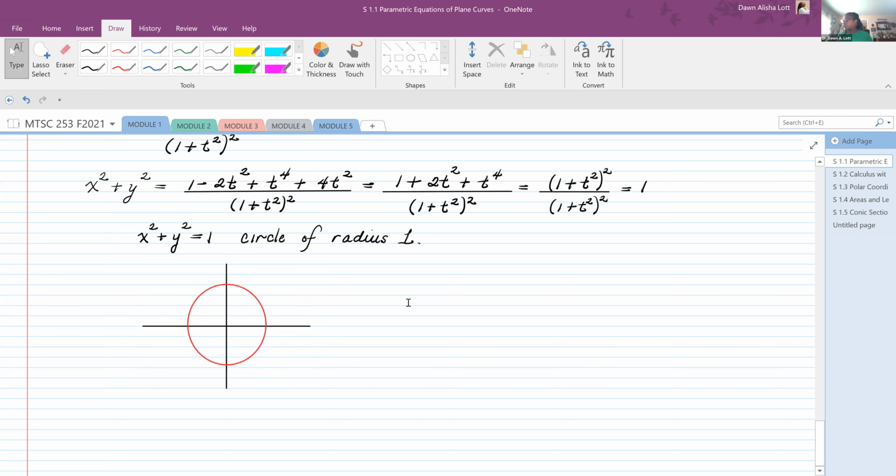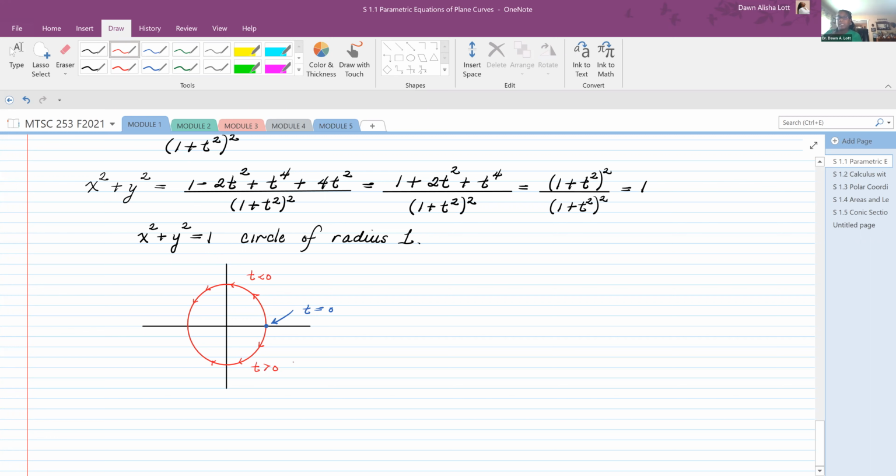Okay, this is also a circle of radius 1, but when t is 0, it's here. So this is where it is when t is 0. And as t becomes more and more negative, it travels this way. And as t becomes more and more positive, it travels this way.